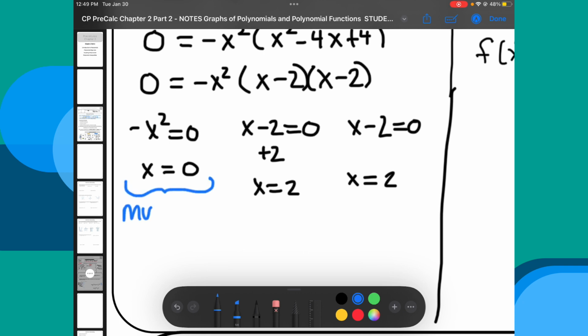This is called the multiplicity of 2, meaning the answer of 0 shows up twice, and x is equal to 2 also has a multiplicity of 2, meaning the answer x is equal to 2 shows up twice. And we'll talk about multiplicity in a second. So they both have a multiplicity of 2 because there are 2 of the same answers.